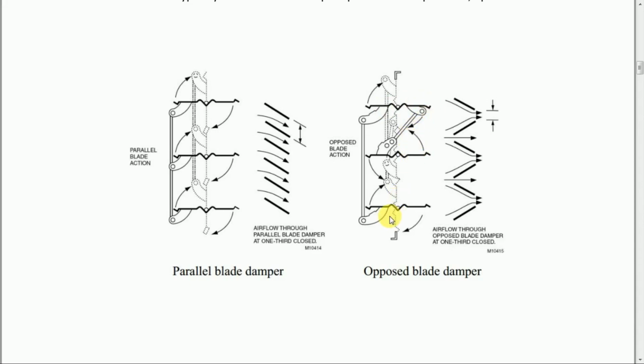And what about the third? When we are pushing in this direction, this will be coming down. So the first blade will be going down, the second will be going up, the third blade will be going down and the next will be going up. A similar pattern will happen in opposed blade dampers. So this is the basic difference.